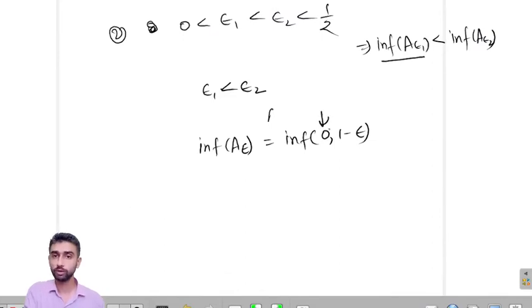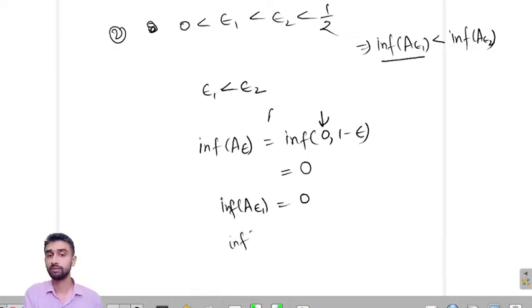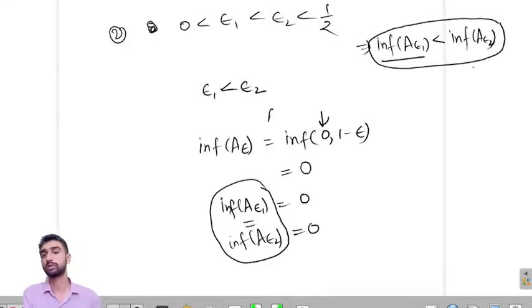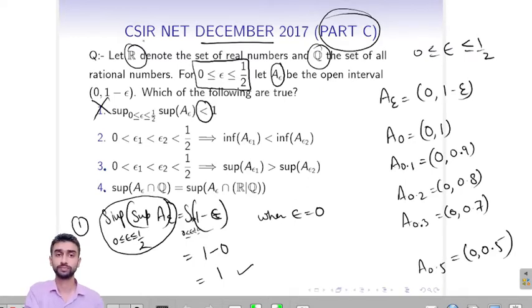Always the infimum value will be 0, and 0 will be the least value. So the infimum will always be 0. So whatever is the value of epsilon, infimum is always 0. So without thinking about any number, infimum of A epsilon 1 will be 0 for any value of epsilon, and infimum of A epsilon 2 will also be 0. So both of these numbers are actually equal, but the question says that the infimum of A epsilon 1 is less than infimum of A epsilon 2. That's why it is not correct.